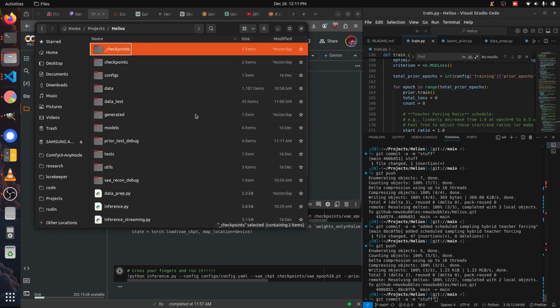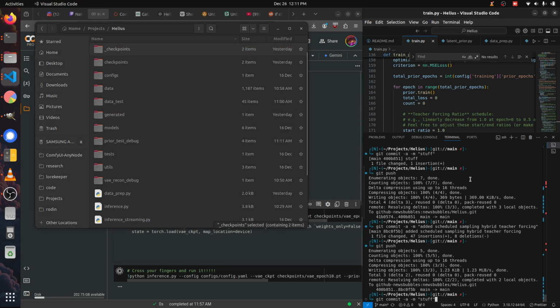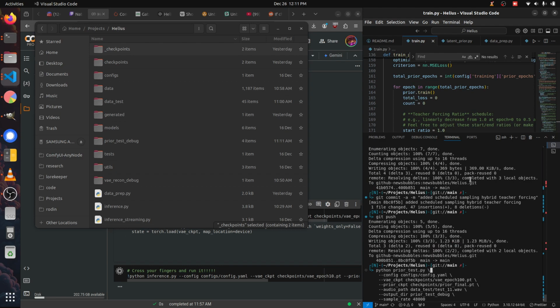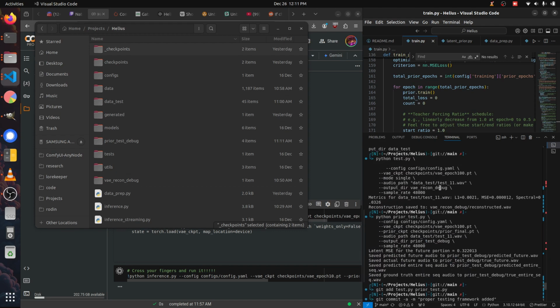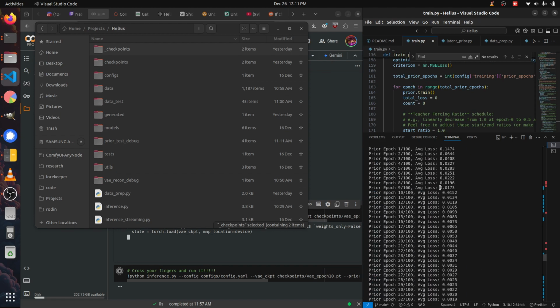Okay. Oh, I already did that. All right. Commit prior Python prior test, train prior only. Okay, I'm gonna try this one last time. It got all the way down pretty low, but it looks like we should only need to train it down 30, 34 steps or something.